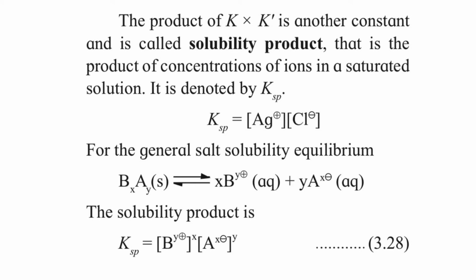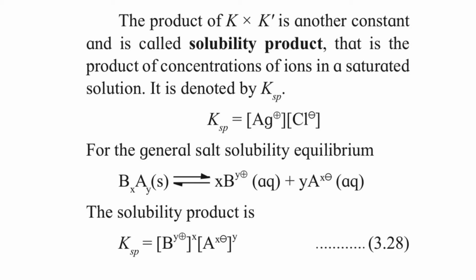So the solubility product can be represented as Ksp equal to the concentration of the ions, that is nothing but B raised to y plus raised to x into A raised to x minus raised to y.